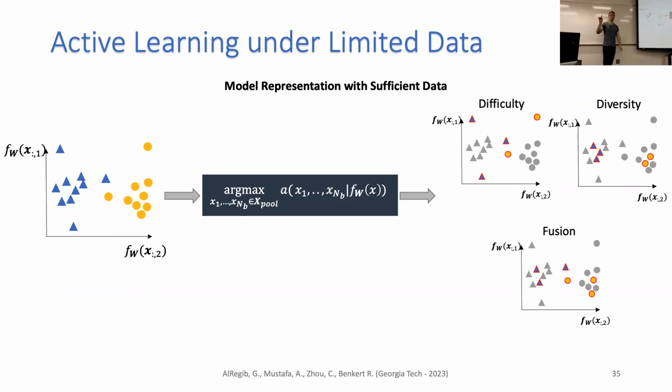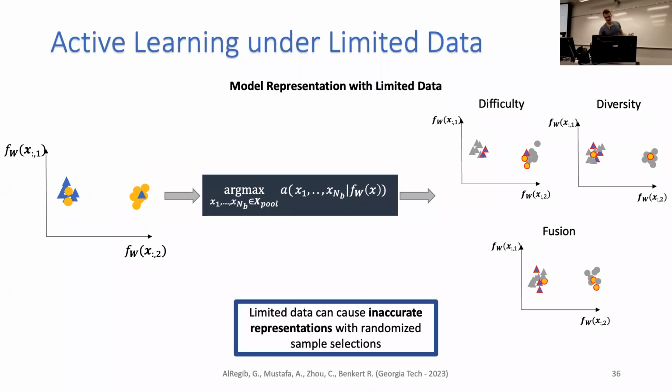But there's one key assumption here that we made, which is not given in practice. And that's that this representation is going to be very informative for this acquisition function, right? So you can essentially imagine that this thing is very much spread out. But that is not necessarily the case in practice, and things can actually look like this, right? This is something we call feature collapse.